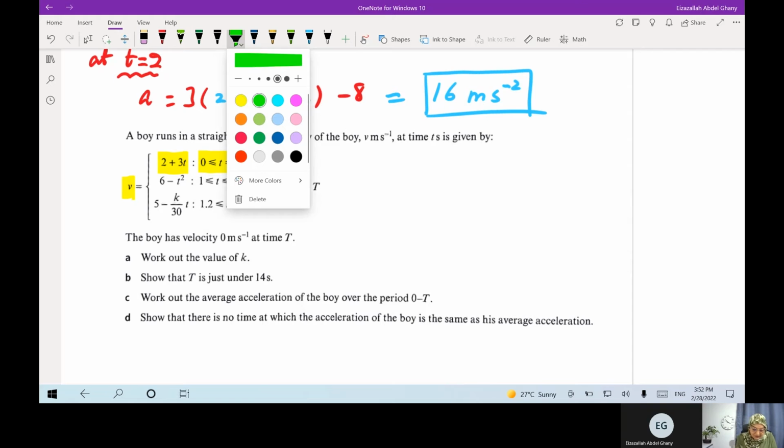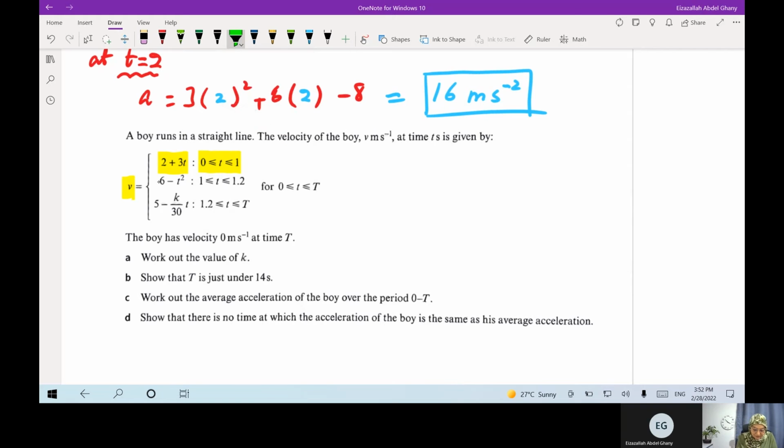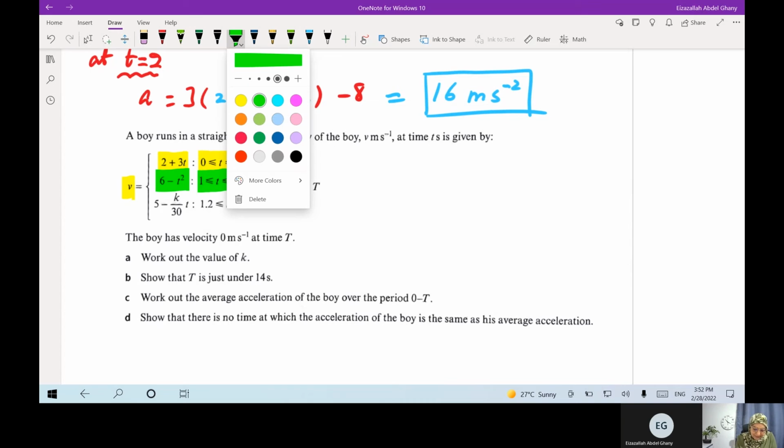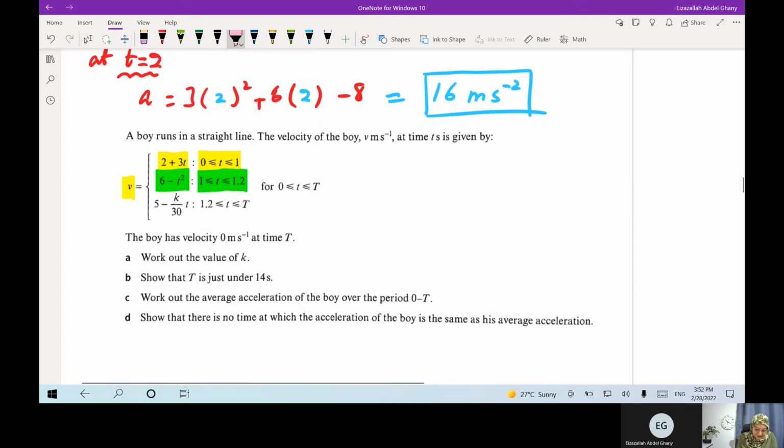The second stage is, for the velocity, 6 minus t squared from the first second till 1.2 seconds. And the third stage is, velocity is 5 minus k over 30t from 1.2 seconds to capital T seconds. So the whole journey is from 0 to capital letter T.